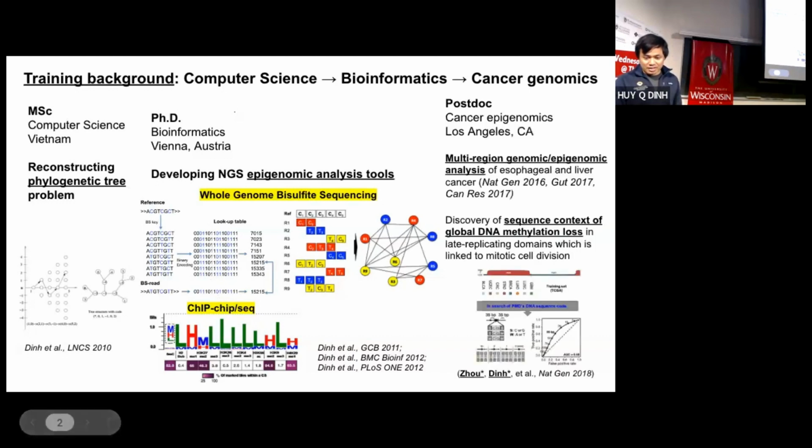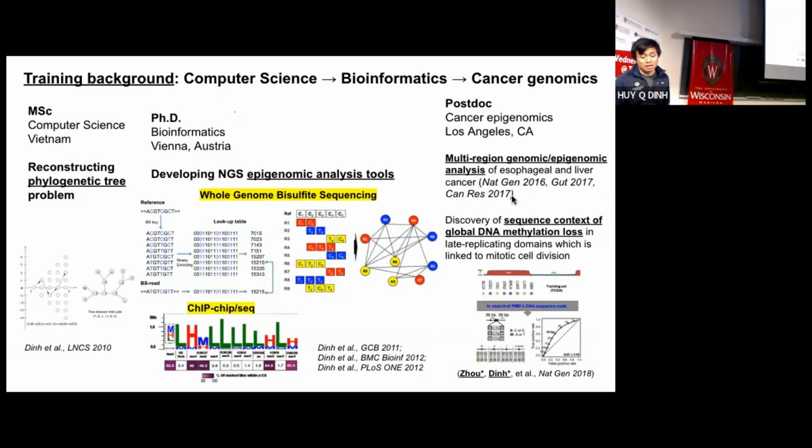And then I moved to the US to do a postdoc. I did a postdoc in LA, but across two institutions because the lab relocated. And that is where I got involved in cancer data, where we used multi-regions. At that time, we didn't have single cell. In order to study the heterogeneity, we sequenced different locations of the tumor, at the core, and then we compared.